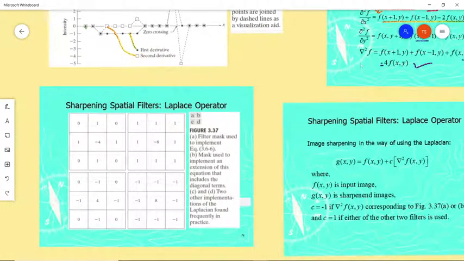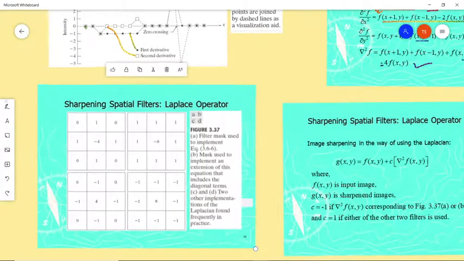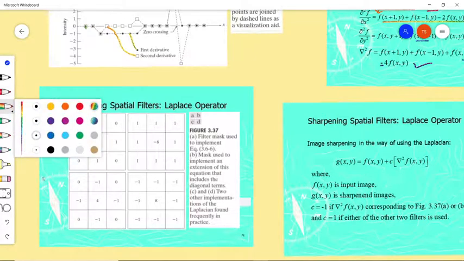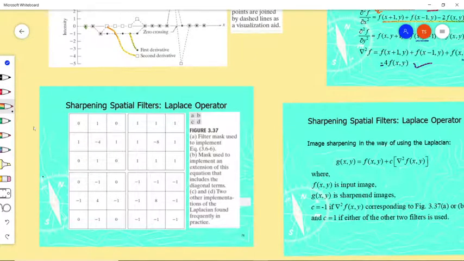Now, suppose we apply these formulas for this mask value. This is the filter mask we want to implement.